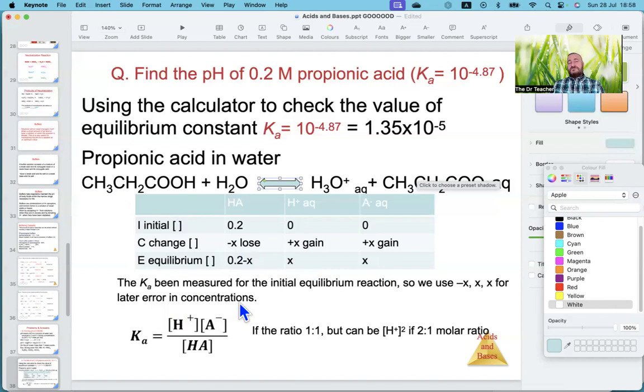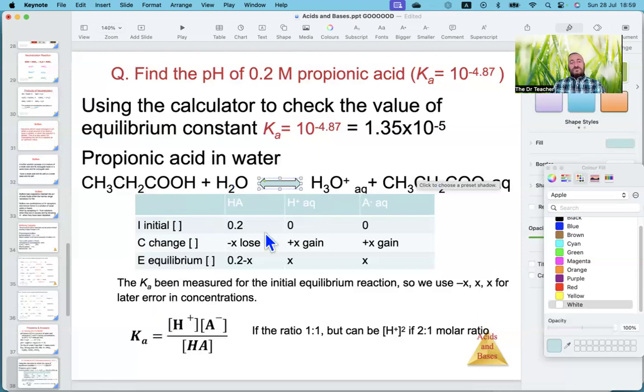Okay, so the Ka has been measured for the initial equilibrium reaction. What's Ka? This is the constant of the acid, the equilibrium constant for the acid. So we multiply the concentrations of the products divided by the concentration of the reactant, because water is a liquid, so we don't consider it.